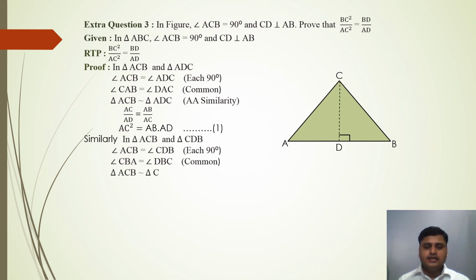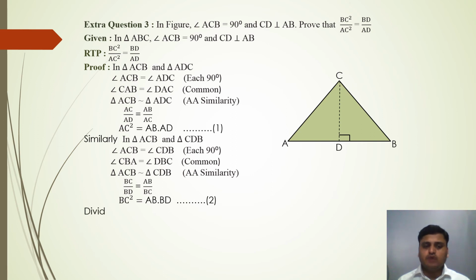So triangle ACB is similar to triangle CDB by angle similarity. And if triangles become similar, corresponding side ratios are in proportion, that is BC by BD is equal to AB by BC. Now cross multiply it, so BC square is equal to AB into BD. Assume this one as equation number 2.